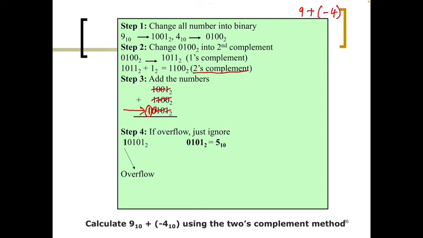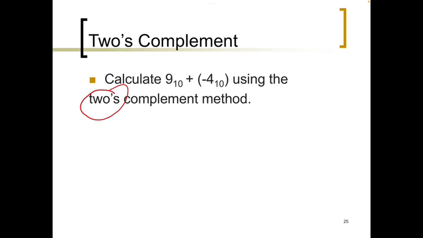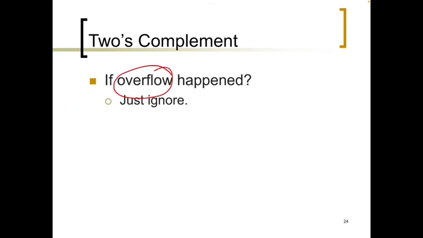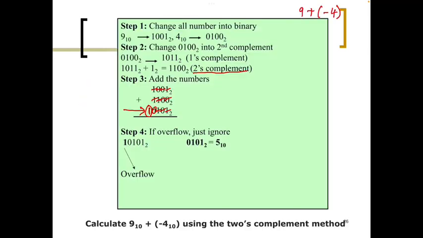This is our overflow. As we mentioned before, when overflow happens, just ignore it. So what we have is just 0101. This is equal to 5. So this is all about the negative sign and positive sign for numbers.